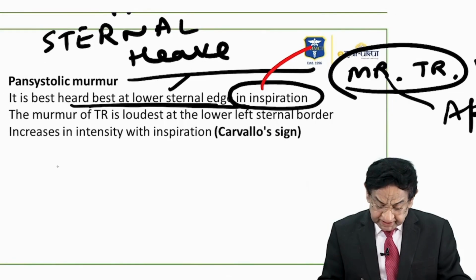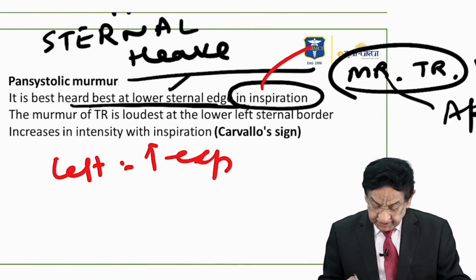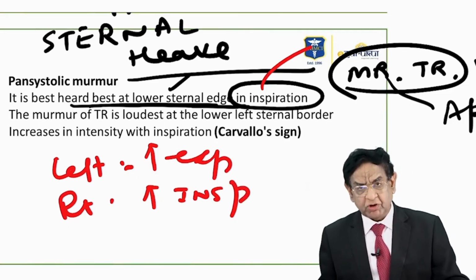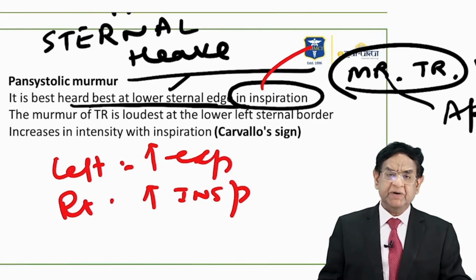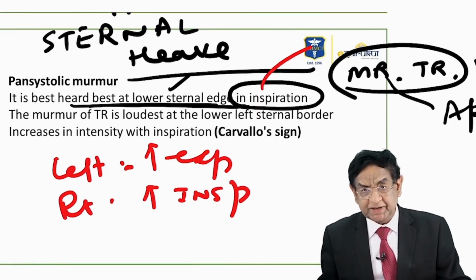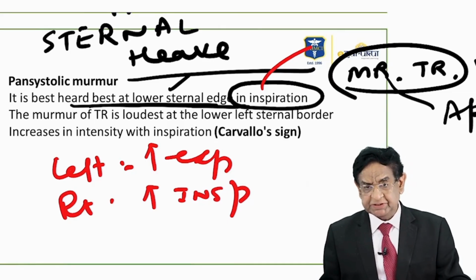All left-sided murmurs increase in expiration, and all right-sided murmurs increase in inspiration. So one solid way to differentiate between the murmur of MR and TR is deep inspiration or deep expiration. The murmur of TR will increase and the murmur of MR will decrease on inspiration.